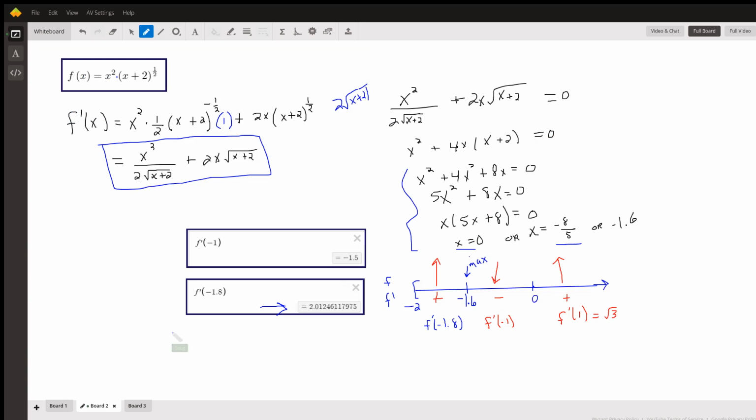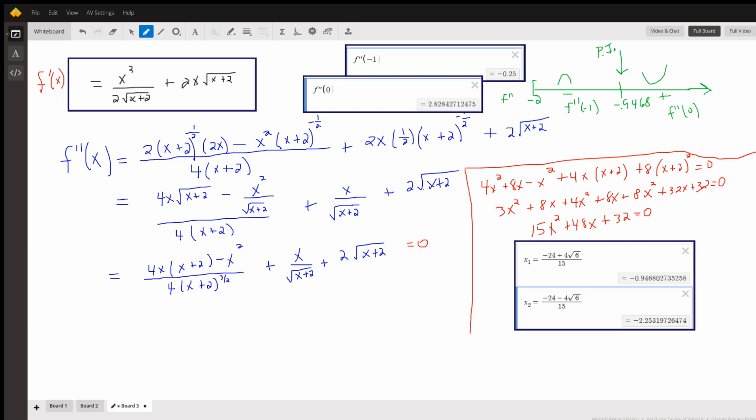Now, to get the point of inflection, you need the second derivative. This gets a little ugly, but here's the first derivative. You could rewrite this with the x plus 2 in the numerator with an exponent of -1/2 and use the product rule, but I went ahead and used the quotient rule for this first term: denominator times the derivative of the numerator minus the numerator times the derivative of the denominator.